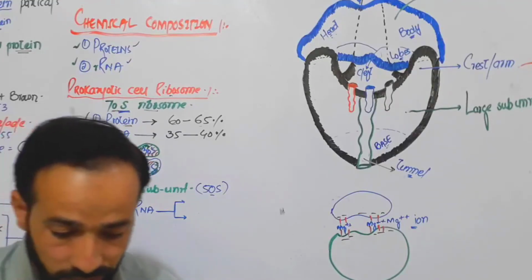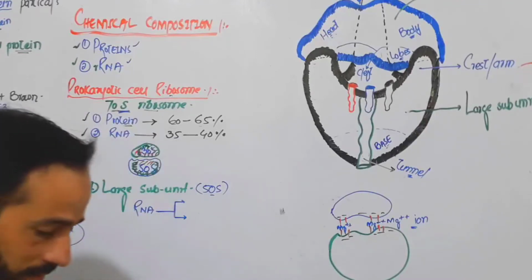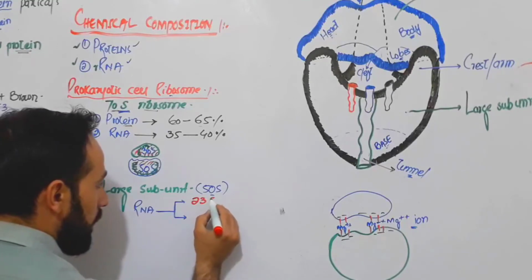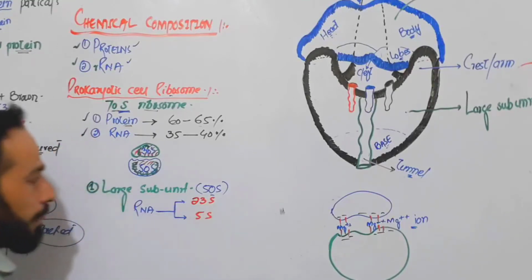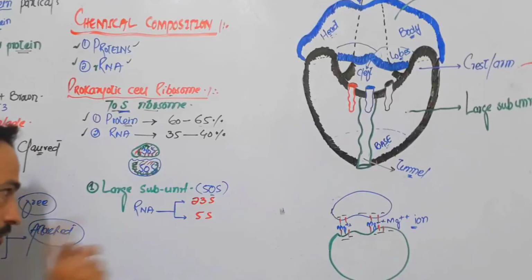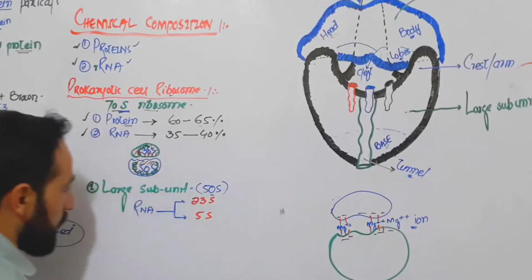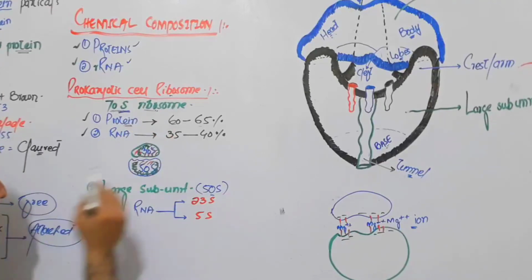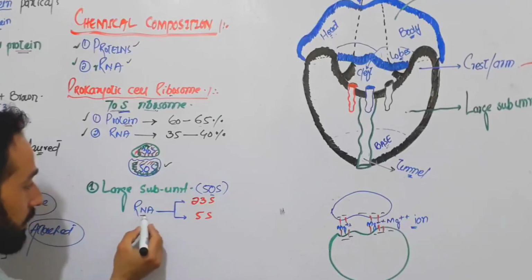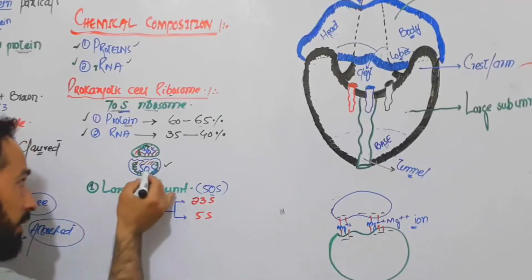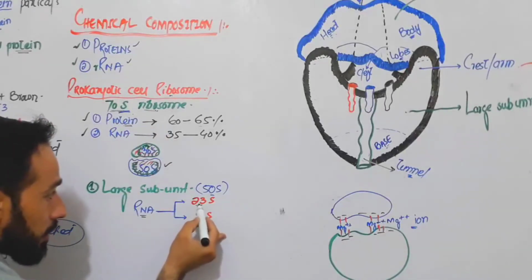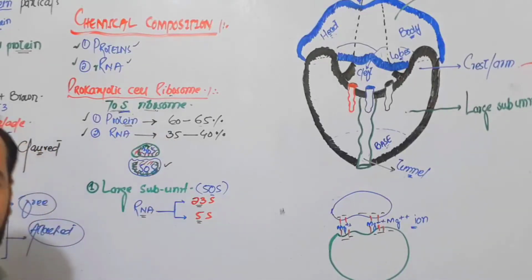Two types of RNAs, and these are the 23S and the 5S RNA, right? So look carefully, I'm making it simple. In this large subunit of the 70S ribosome, there are two types of RNAs, the 23S and the 5S.